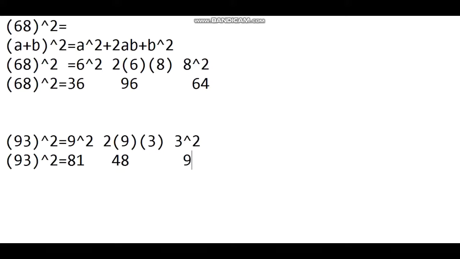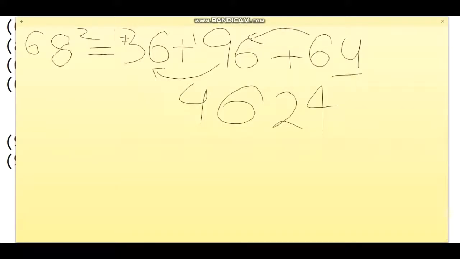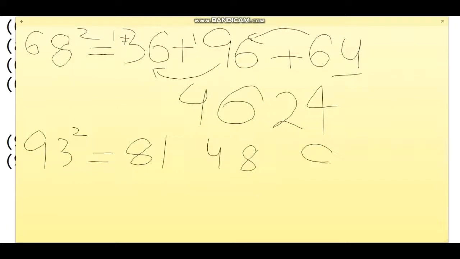So guys, 81, 48 and 9. So 93 square is equal to 81, 48, 9.